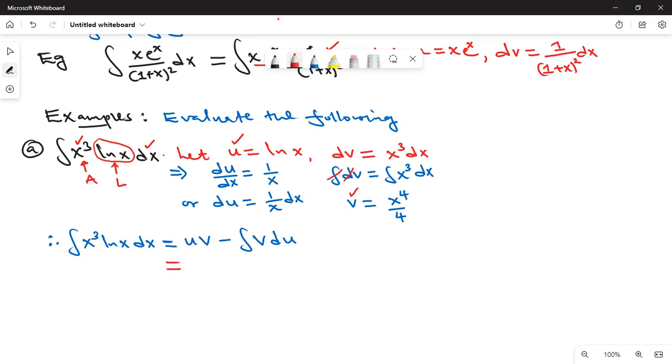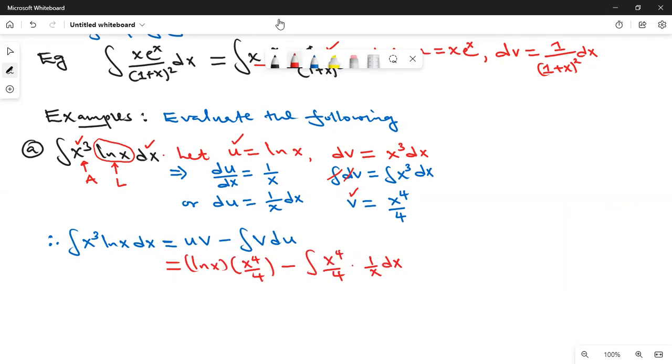That will be, our u is ln x, our v is x raised to 4 over 4, minus the integral of v, that is x raised to 4 over 4, times du, which is 1 over x dx. And how else can you write this?